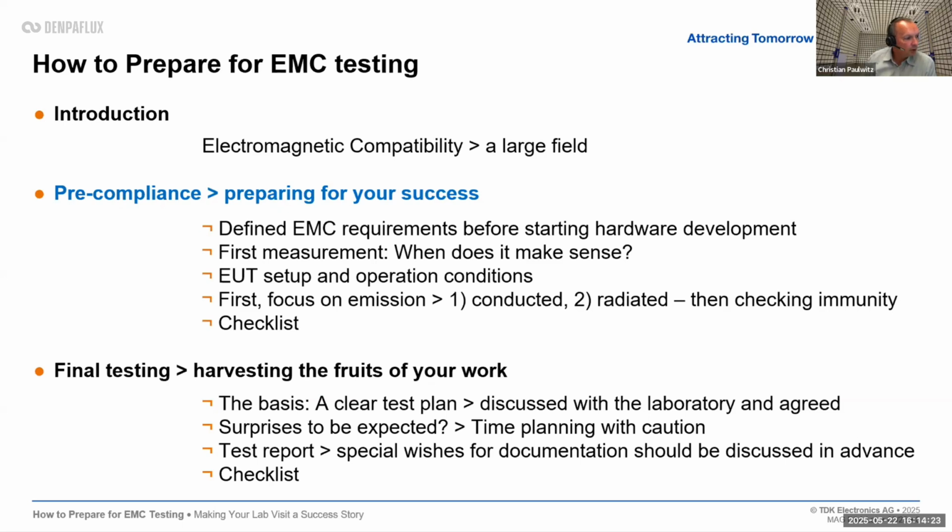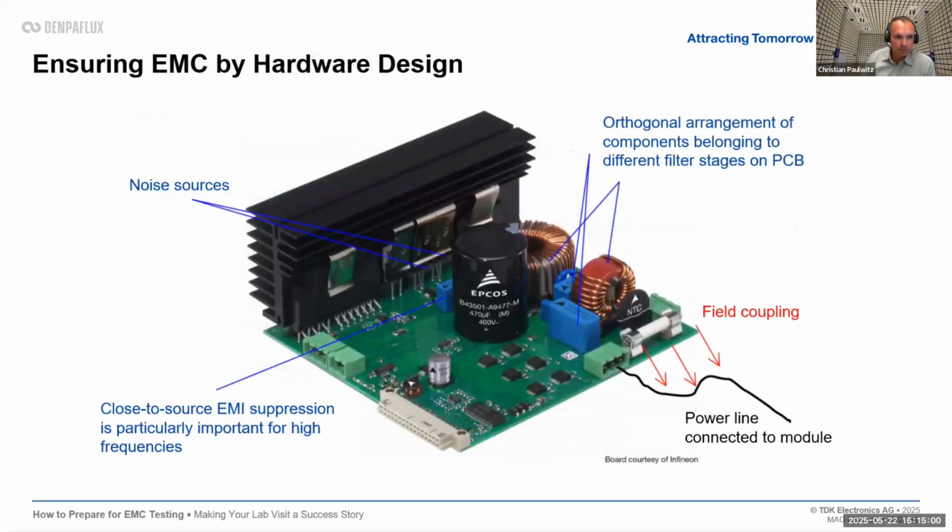It often happens that people are not so exactly aware of it in the beginning. You should think about when you want to do your first check: are you on the right track? When does it make sense to do that? And then you need a prototype. You should think about EUT setup and operating conditions which make sense. And my recommendation is first to focus on emission, first conducted, then radiated emission, and after that checking the immunity part.